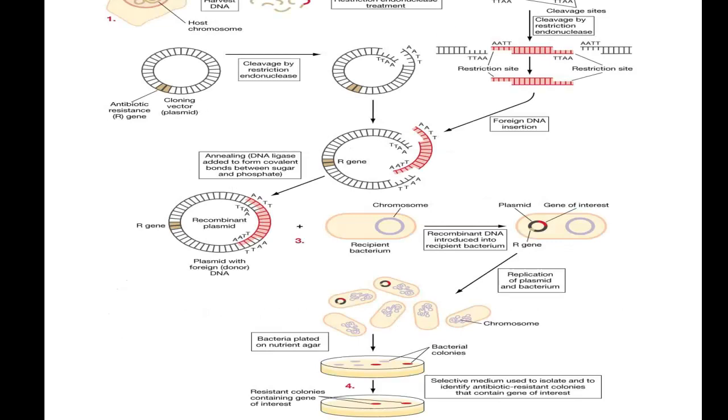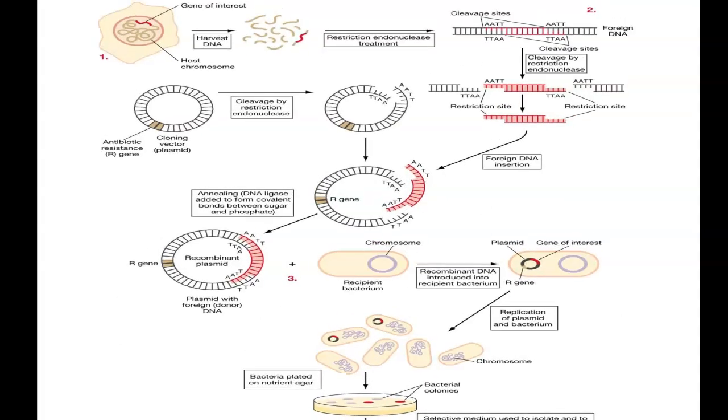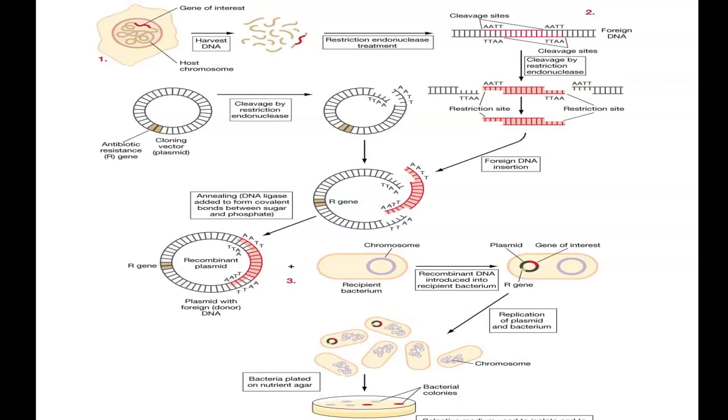This is a very big picture, so I'm going to move this around a little bit. Up at the top, we have a gene of interest in a human cell. Let's say that we want to manufacture some insulin to help people with diabetes mellitus. Insulin is a protein, so there's a gene that codes for insulin.